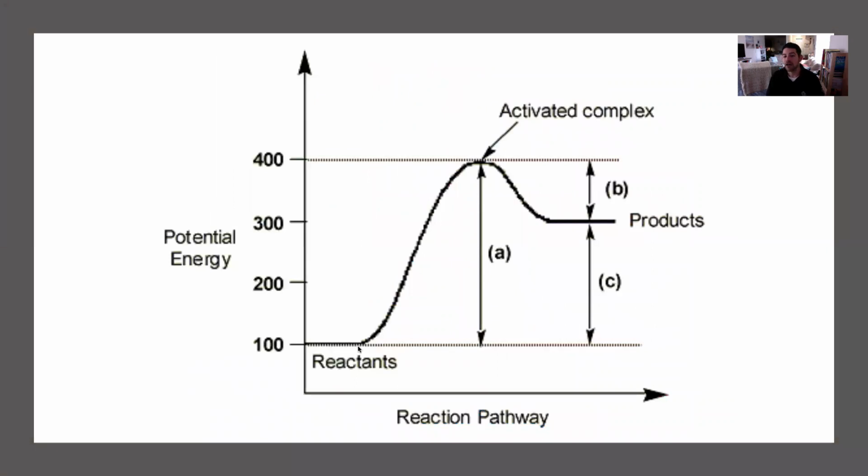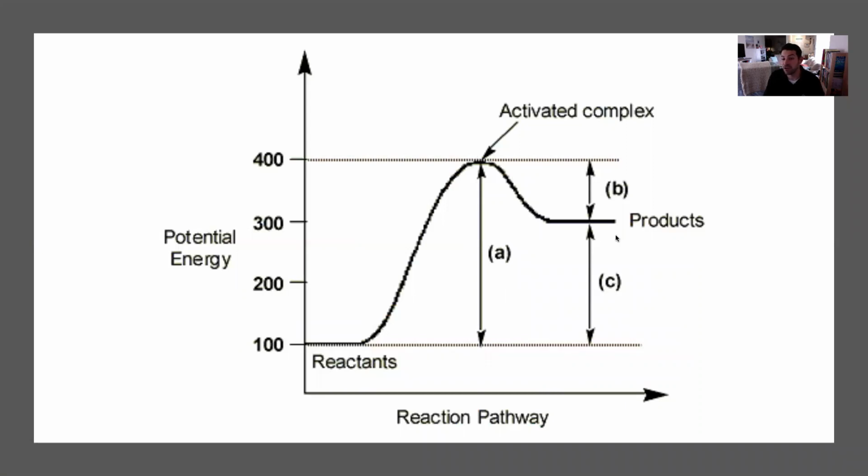All right, now here is a nice example of an endothermic reaction. We can see that the reactants are associated with this number 100, right? That's their potential energy. We put in 300 energy to get us to 400, right? So we had to put in energy as our activation energy, and then we release energy, but we only release 100 units of that energy.